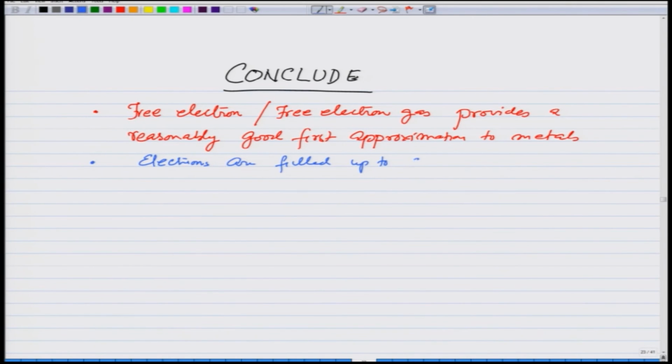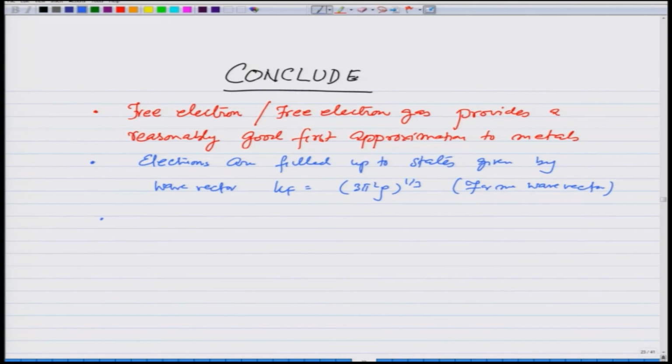up to states given by the wave vector kf equals (3 pi square rho) raised to 1/3, which is also known as the Fermi wave vector. Fermi energy is given as h cross square kf square over 2m.